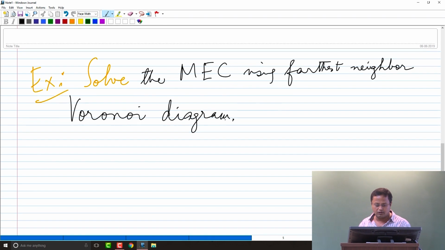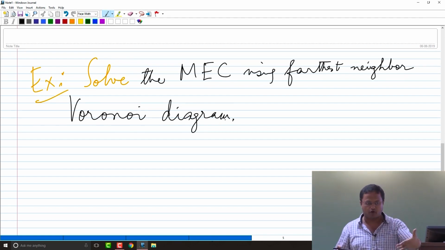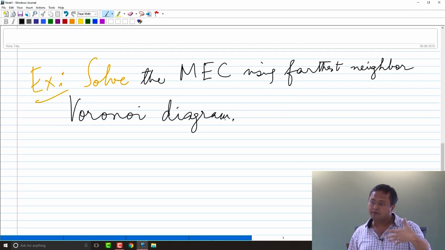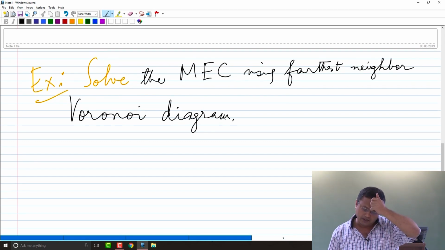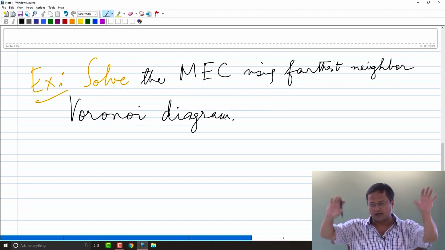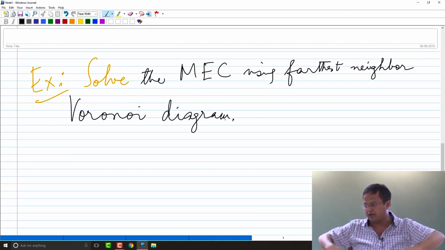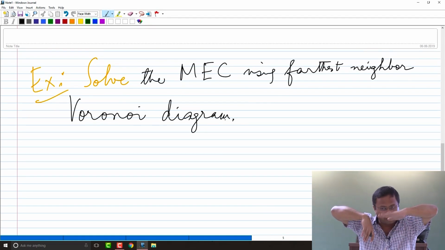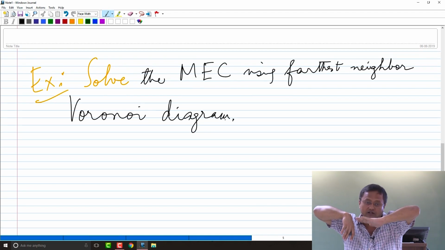Now, what you first do is, the idea would be first construct the farthest neighbor Voronoi diagram. If you look at the nearest neighbor Voronoi diagram, its structure was some closed convex regions and, outside for the convex hull points, open convex regions, right. But the farthest neighbor Voronoi diagram will have an interesting structure, it will be kind of a tree like structure.